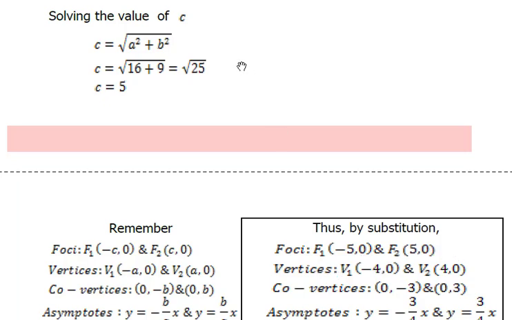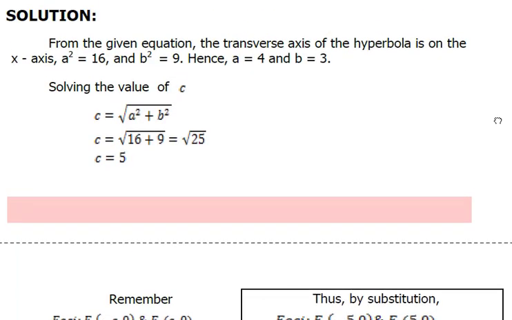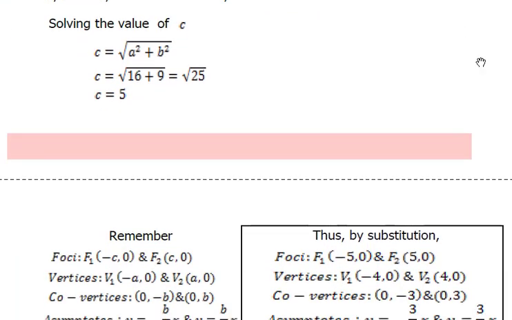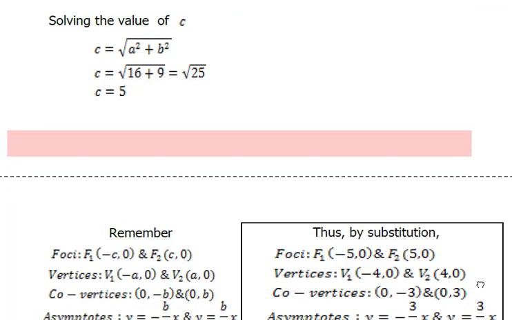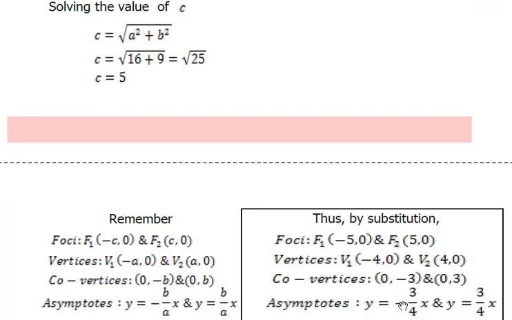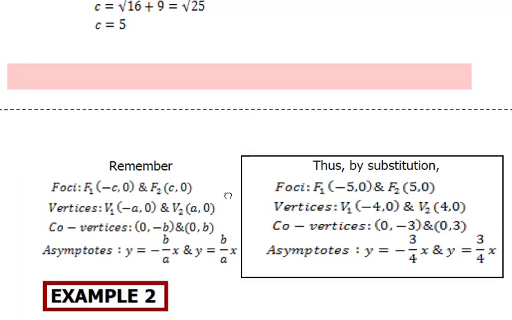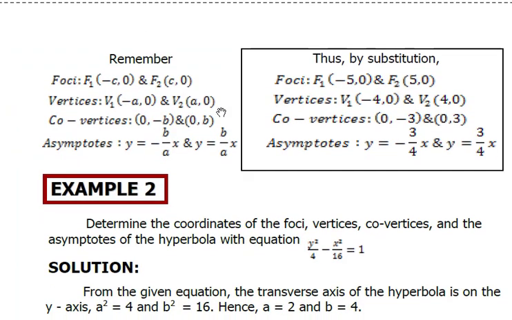Then the vertices, since a is 4, are negative 4, 0 and 4, 0. And of course the co-vertices, where b is 3, are at 0, negative 3 and 0, 3. You have to remember this.